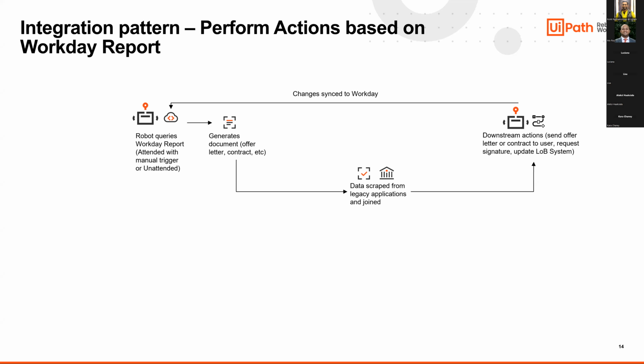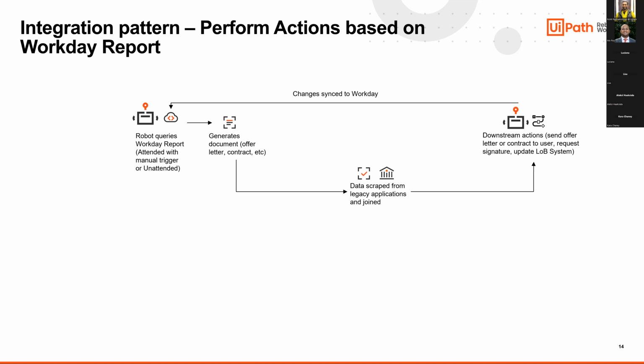Let's put together a requisition, something like that, based on that initial report data. And then where UiPath can help a lot is we can then scrape data from other applications, we can query databases, we can pull things from any type of custom or legacy application that doesn't have APIs. And then the downstream actions could be, let's put together that letter, let's use something either within Workday or something like Adobe PDF services.